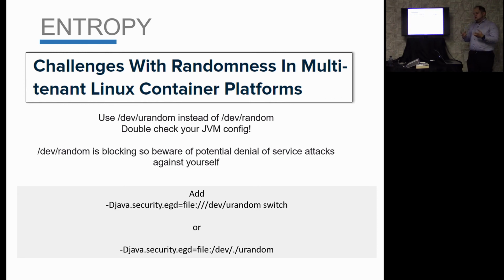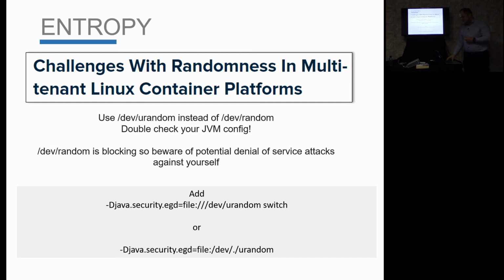By default, it uses /dev/random, which is a random number generator, and if it runs out of randomness, it will actually block your containers from processing more information. So instead of /dev/random, you should use /dev/urandom, which doesn't block. I find the idea that you can run out of randomness a bit strange.